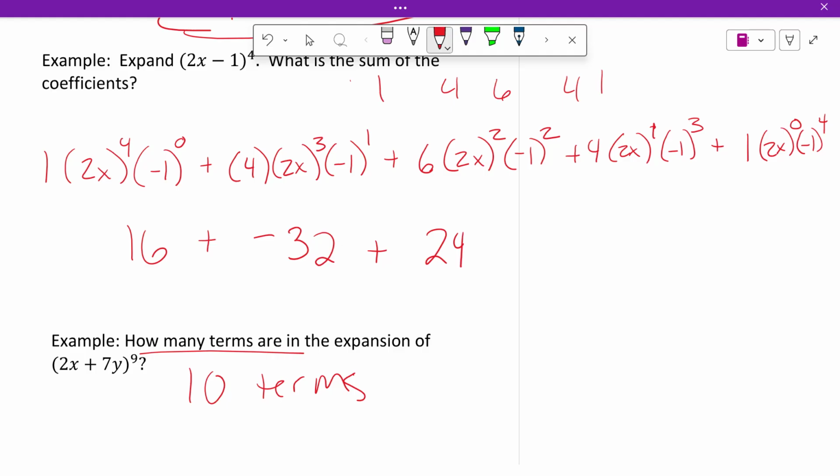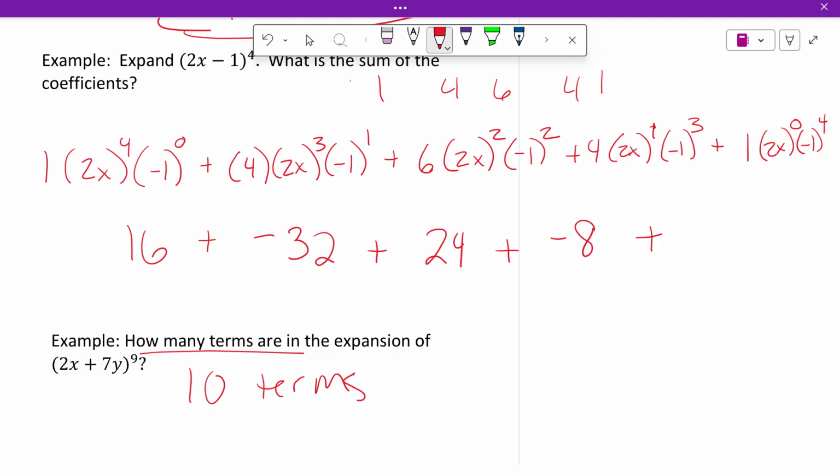What's negative 1 squared? 1. So that cancels out. 1 times 24 is just 24. Negative 1 cubed is a negative 1. So that'll make this part negative. 2 to the 1st is just 2 times 4 is 8. So it's a negative 8 plus 2 to the 0 is 1.